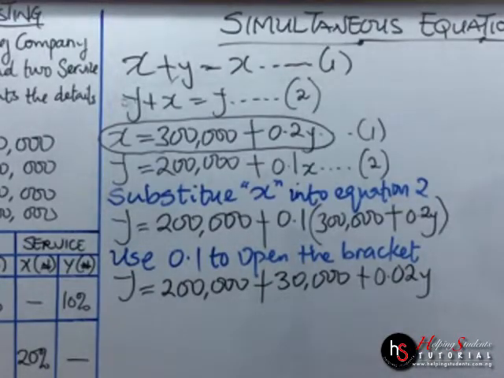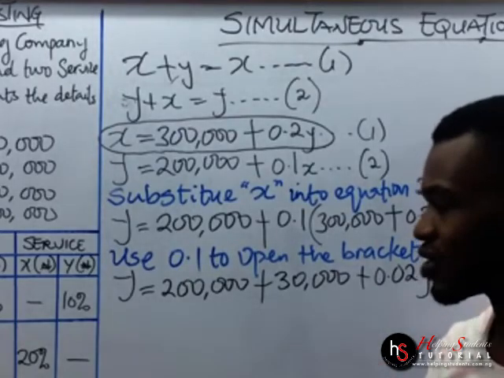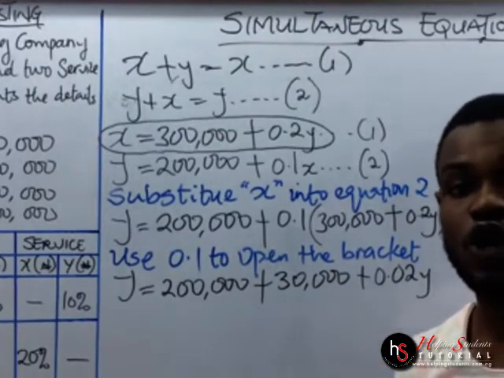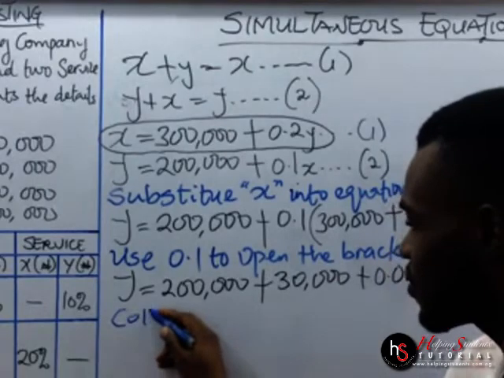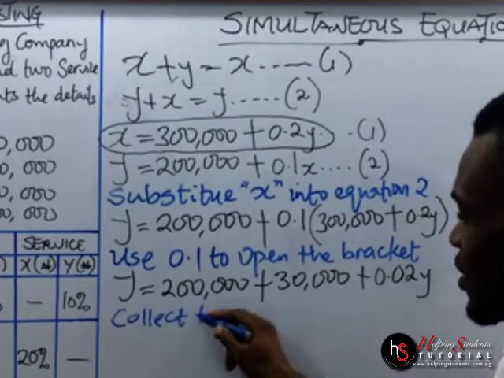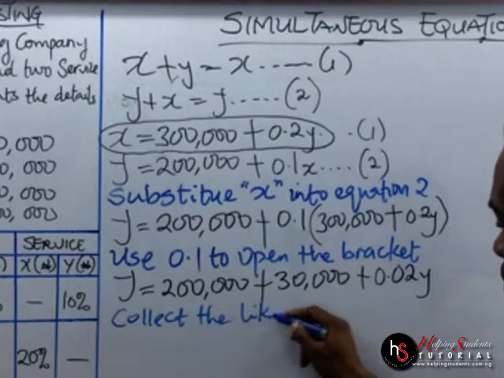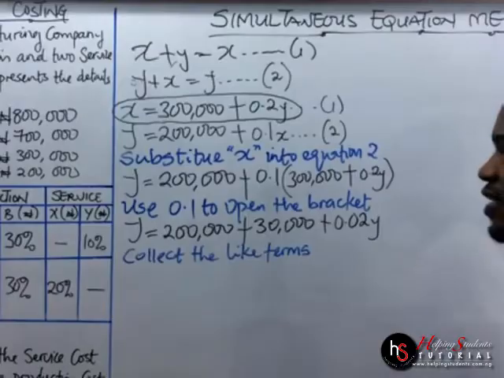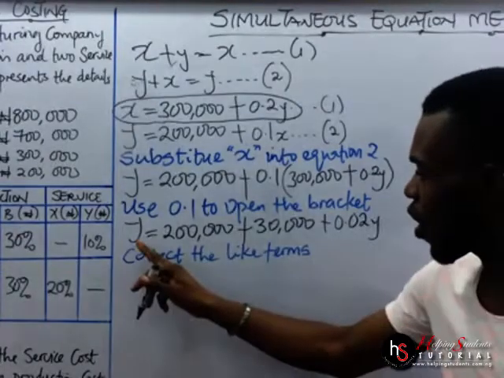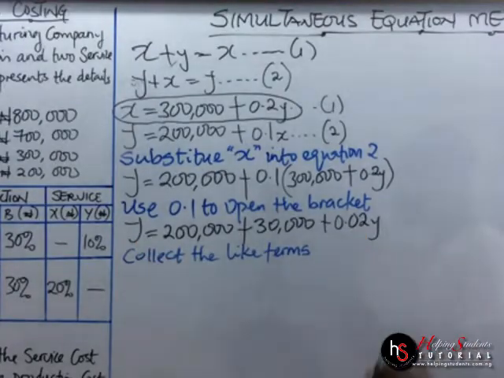What is the next thing we do? Here we are going to collect the like terms. So take note again, collect the like terms. What are the like terms we have here? Now we have y, and here this value also has y in it.